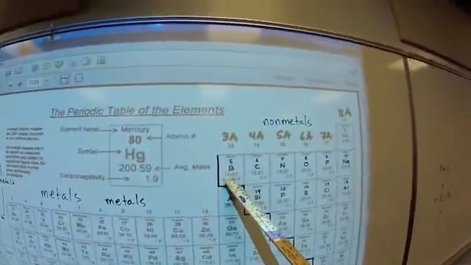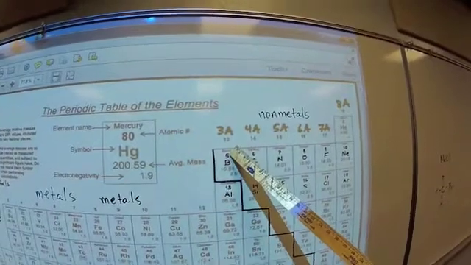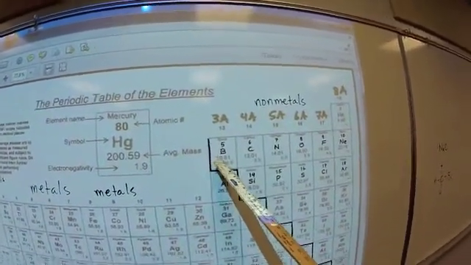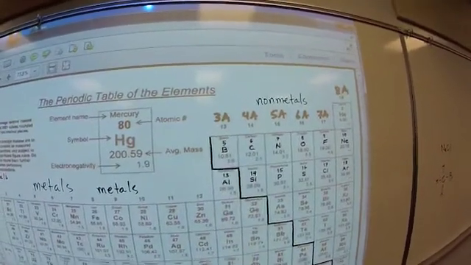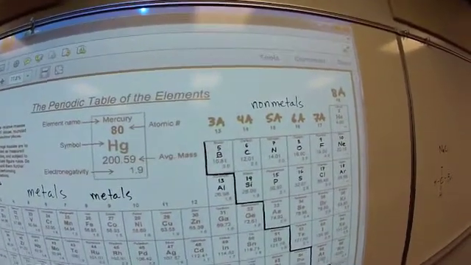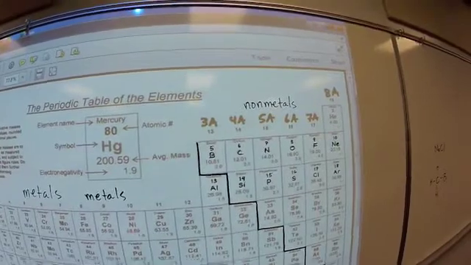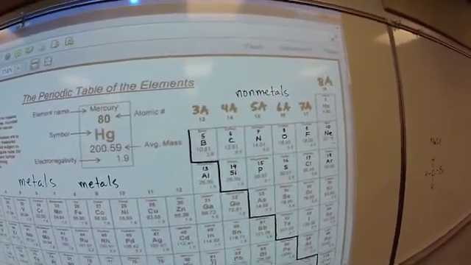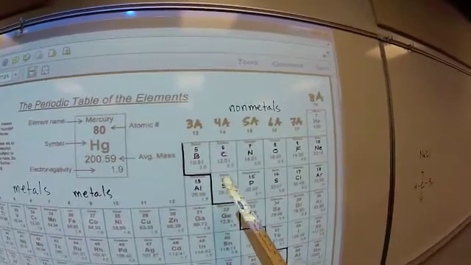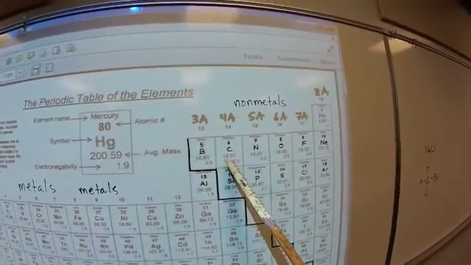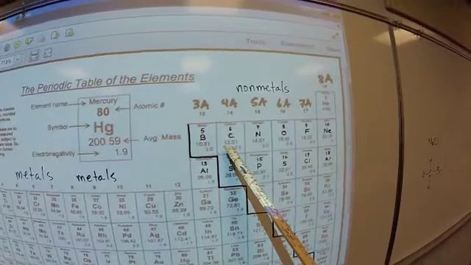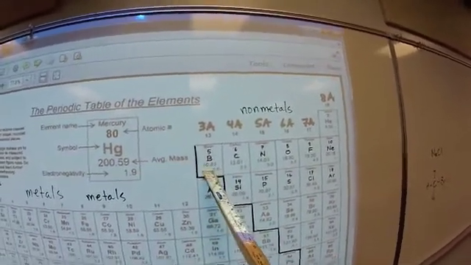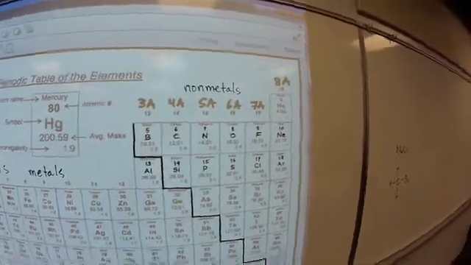So in boron, we have 5 positive charges in the nucleus, and we have 5 electrons. All 5 of those electrons are in energy level 2, and they are the same distance away from the nucleus. When we shift to carbon, we've added more positive charge in the nucleus, yet the additional electron is going into energy level 2 and is the same distance away from the nucleus as the electrons are in boron.